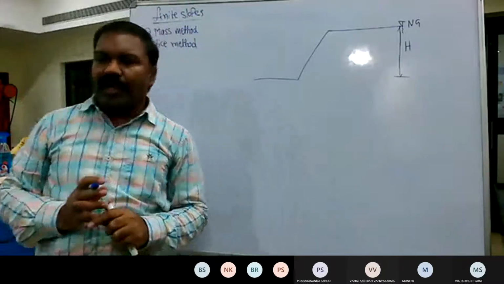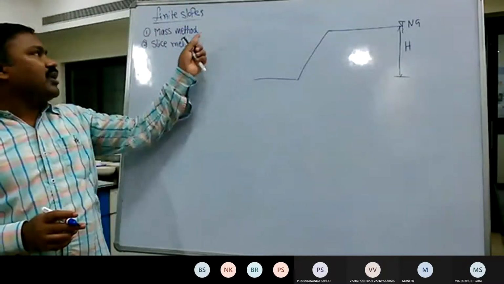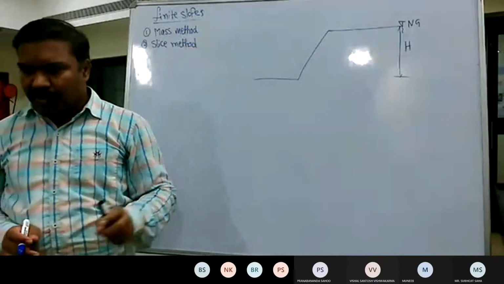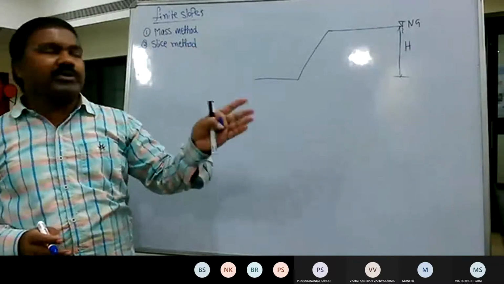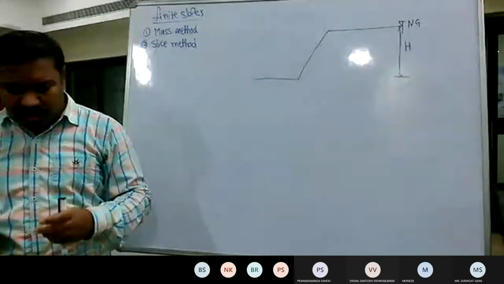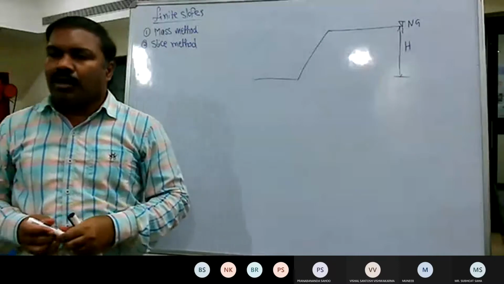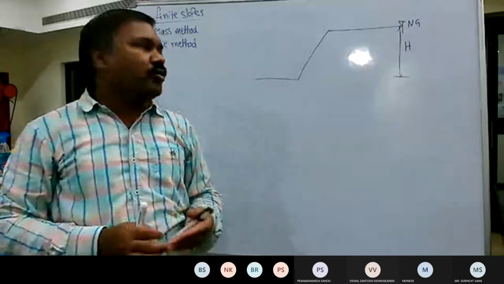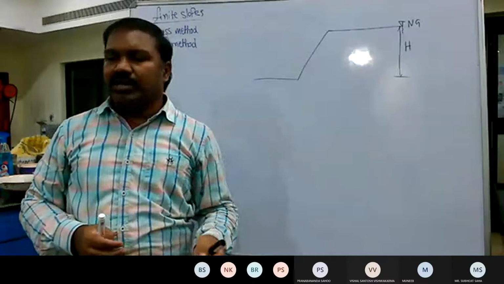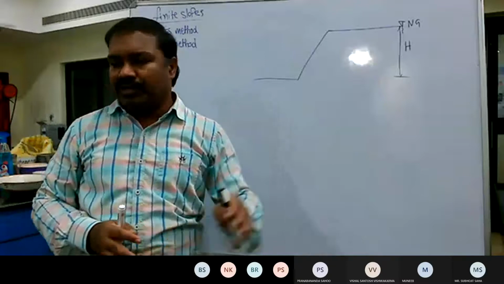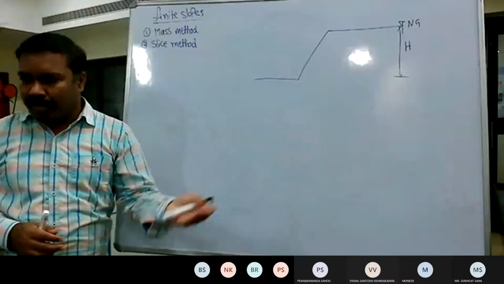Later, all mass methods were replaced by the slicing methods, with the advancement of computer technology, able to derive even complicated equations, and able to embed all these complicated equations in the form of a program.